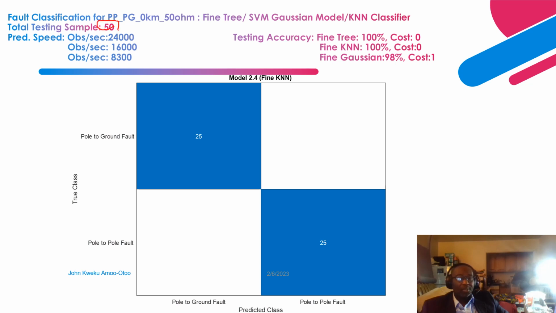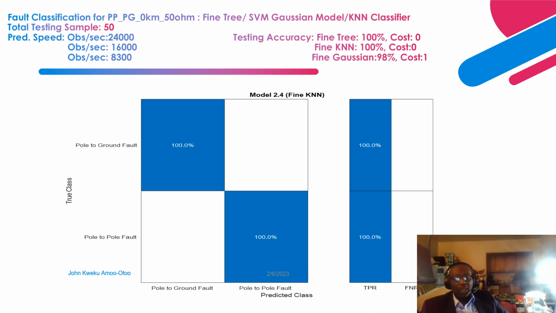Out of the 50, for pole to ground fault, 25 of them were correctly classified, and for pole to pole fault, 25 of them were correctly classified. That is why you are seeing this 100% accuracy for the fine KNN algorithm. One of the things you also have to take into account is the prediction speed for your data.